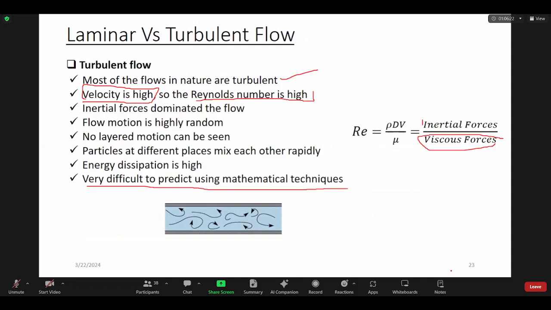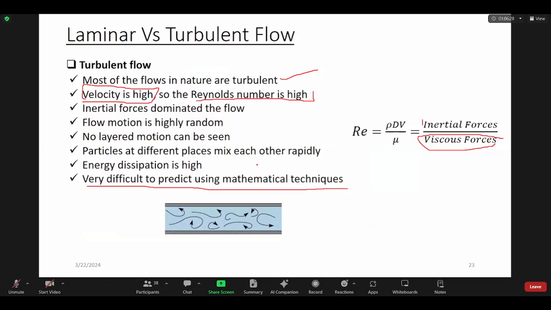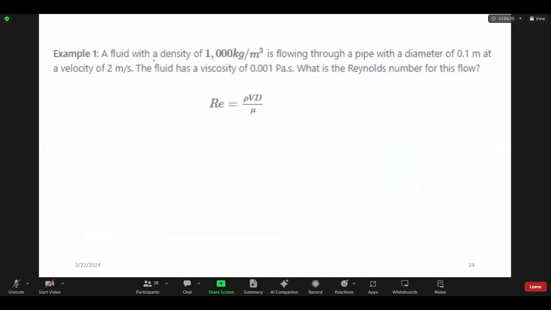So I will give one example for you. Please try to do this one using Reynolds number, and check what the fluid type is using Reynolds number. Try to do this one and put it in your chat box.